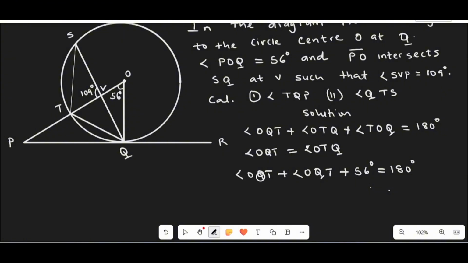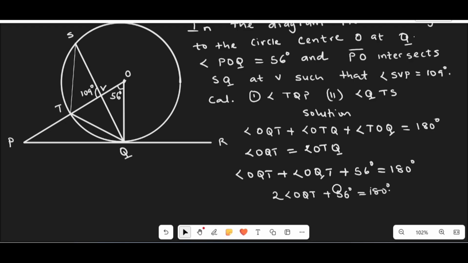Angle OQT plus angle OQT, we are going to have 2 angle OQT plus 56 degrees equal to 180 degrees.